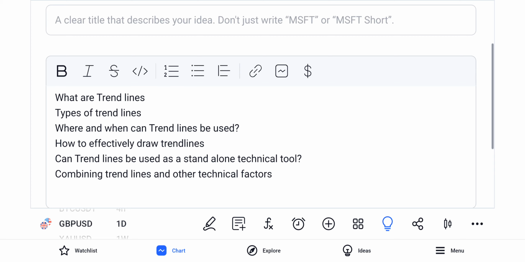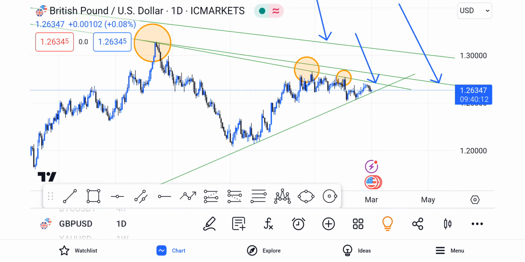The next thing we are going to be talking about is, can trend lines be used as a standalone technical tool? From all we have been able to do at this point, have you seen us use any other market analysis tool apart from trend lines, or apart from maybe talking about market structure?